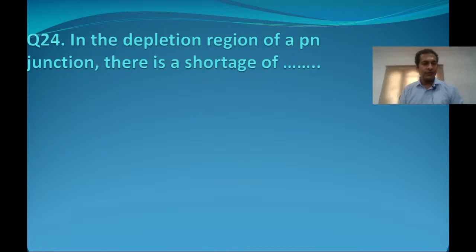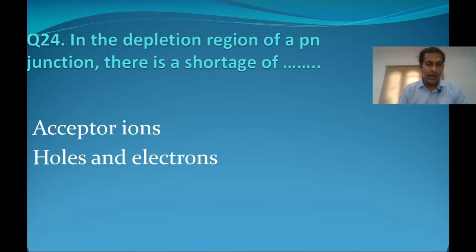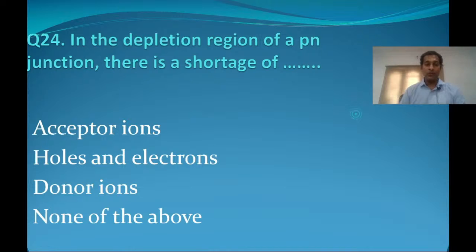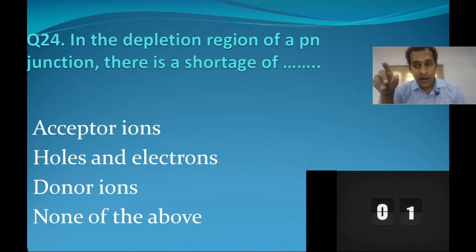Next question is, in the depletion region of a PN junction, there is a shortage of what? Acceptor ions, holes and electrons, donor ions, or none of the above. Your time starts now. The depletion region is created around the junction. What is a junction? The junction is the line or border which separates P type and N type.